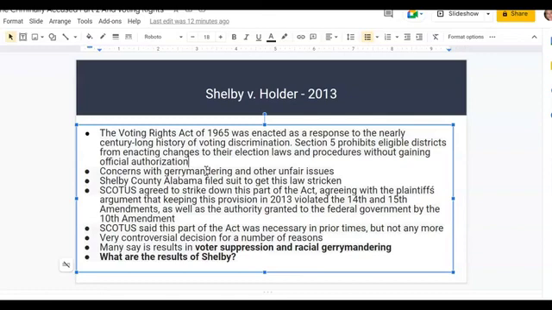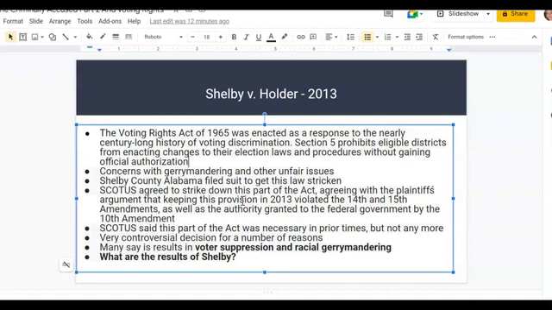So Shelby County in Alabama filed suit so that they no longer had to live under this Section 5 restriction. And the Supreme Court agreed to strike down, not the whole Civil Rights Act of 1965, obviously, but this Section 5. So they agreed with the plaintiffs, and they said that this particular provision violated 14th and 15th Amendment guarantees, as well as certain states' rights guarantees of the 10th Amendment.